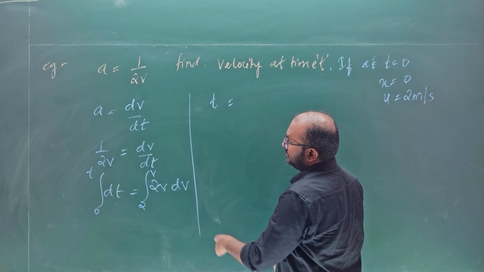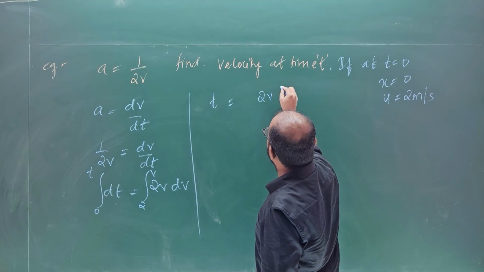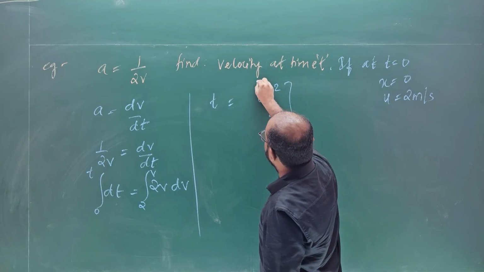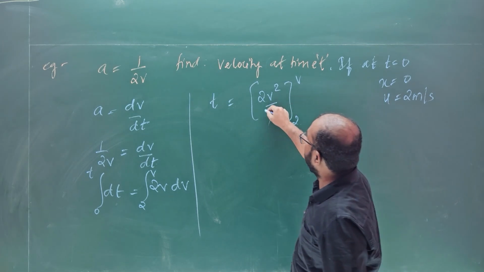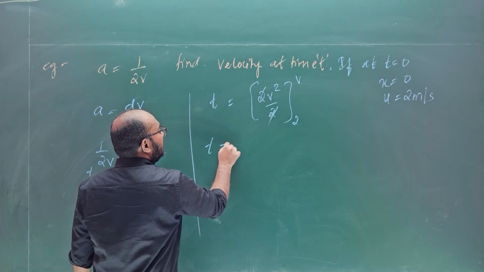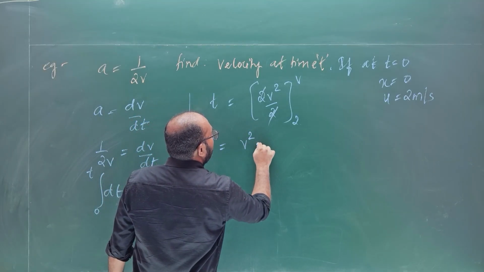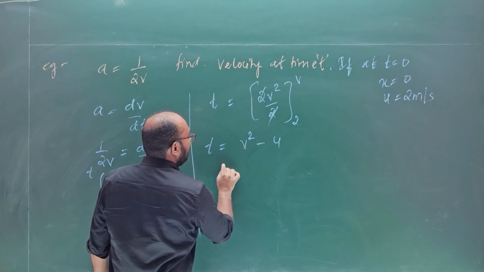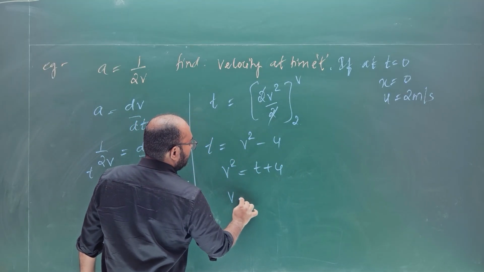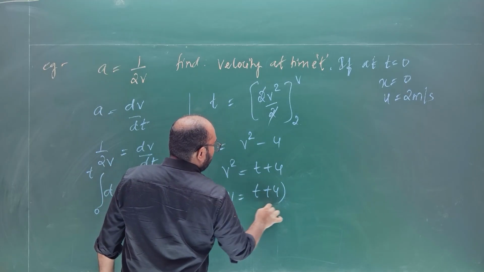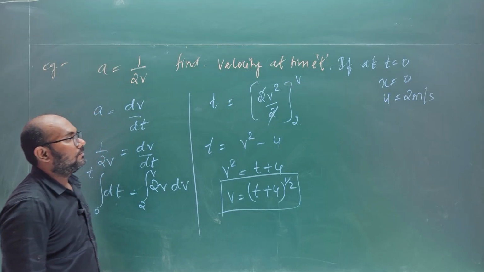So t is equal to 2v square upon 2, and the limits are v to 2. Solving this, you will get the answer. Simple. So t is equal to v square minus 4, or v square is equal to t plus 4, or v is equal to (t plus 4) to the power 1 by 2. Over.